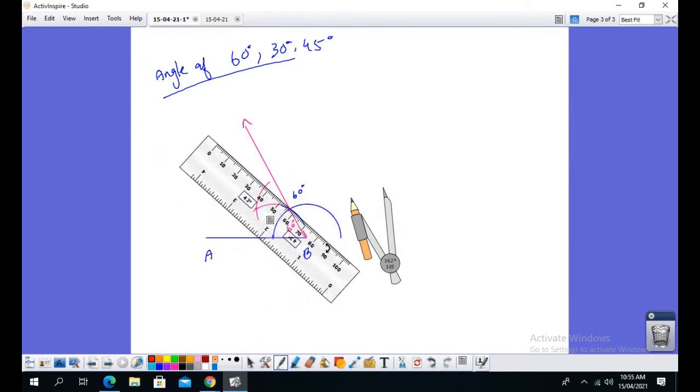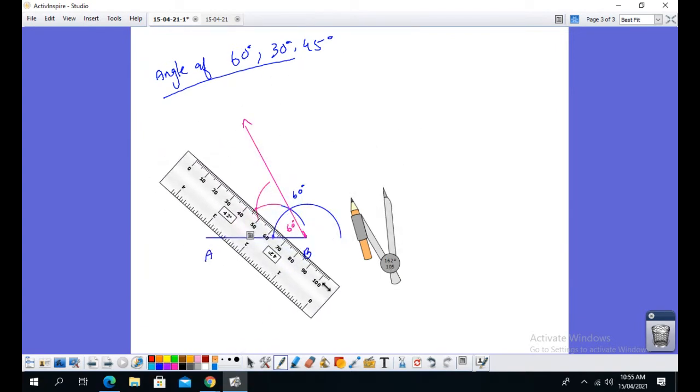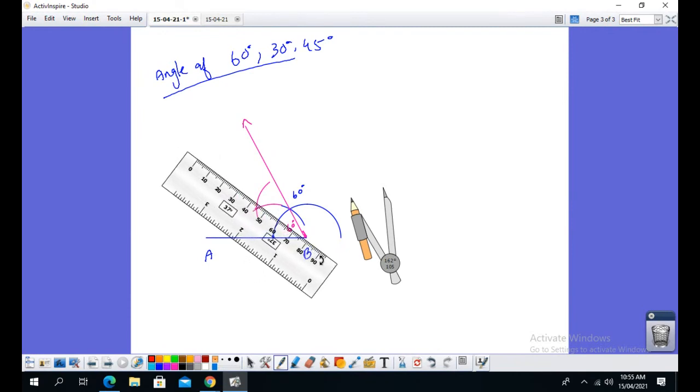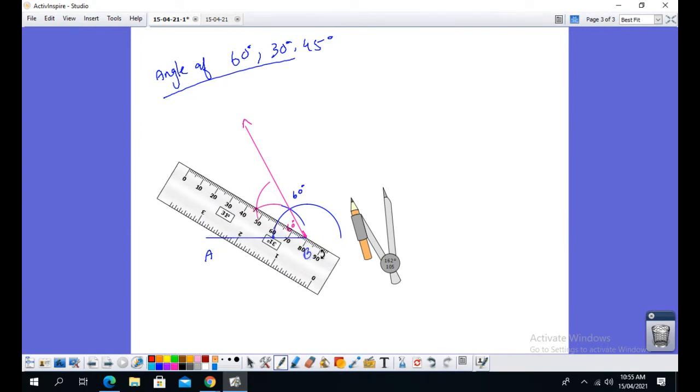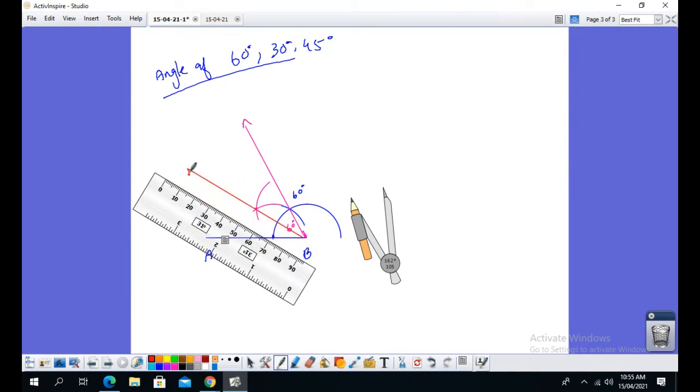Replace here and here, this is of 30 degree.